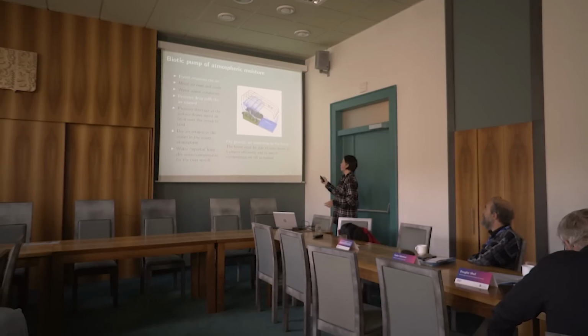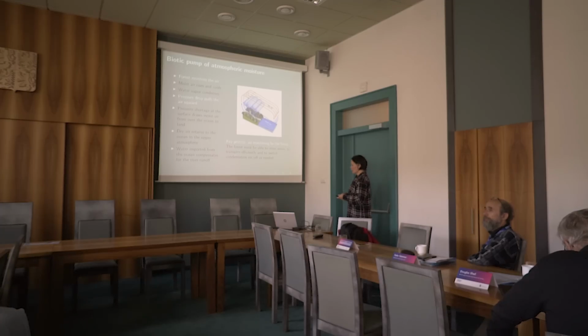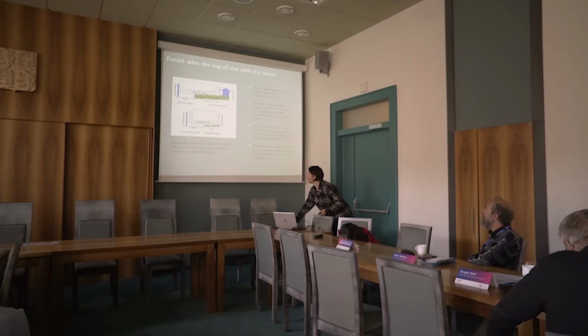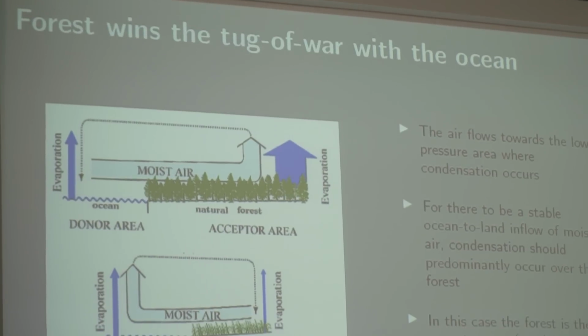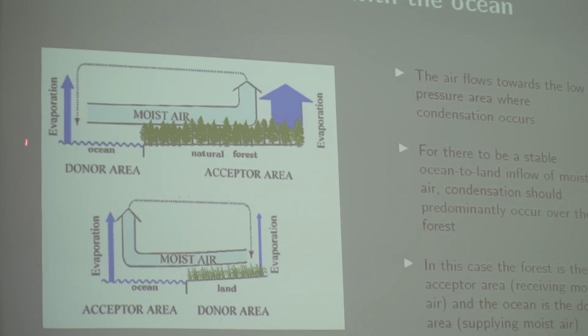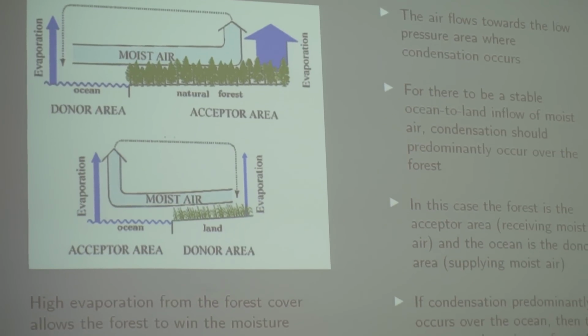Because we know that two thirds of our planet is occupied by the oceans, and the same condensation mechanism works in the ocean too. So the forest must win the tug of war with the ocean for moisture, and it must have a higher potential for evaporation than the ocean does.